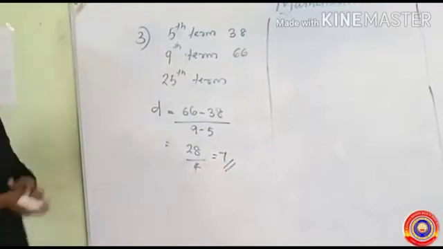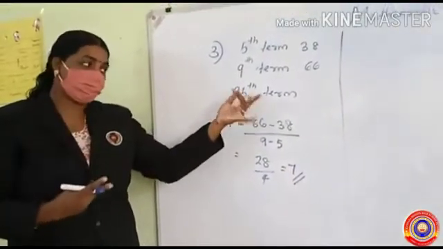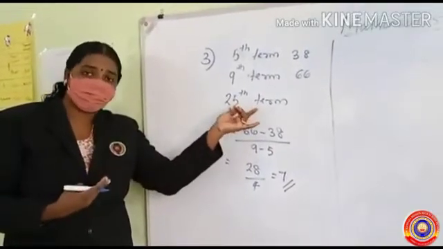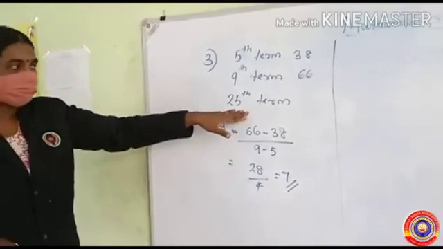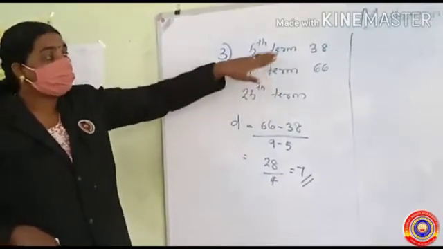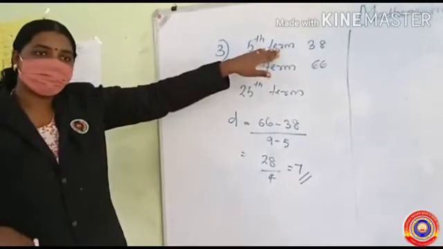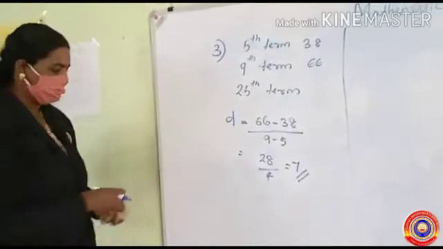There are two methods to find the 25th term. First method, we get 25th term from the fifth term.